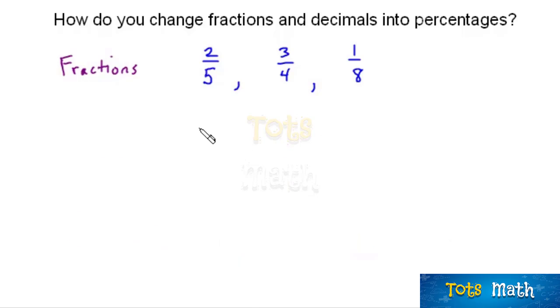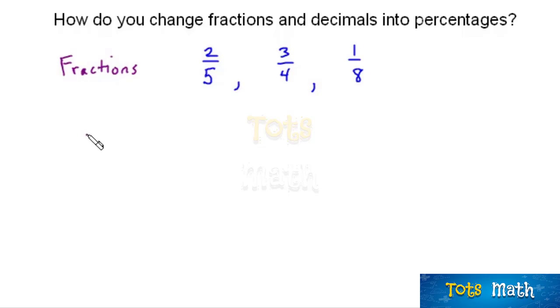Well, let's begin with converting fractions to percentages. Well, we know that percentages are simply fractions whose denominator is 100. So if we could express the fraction 2/5 as a fraction whose denominator is 100, we'd be all set. We'd know the percentage.